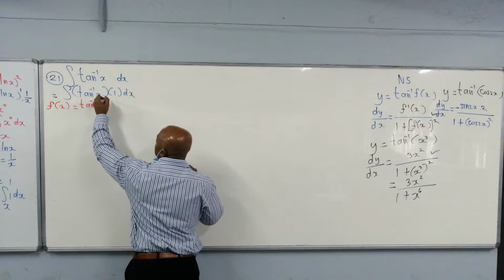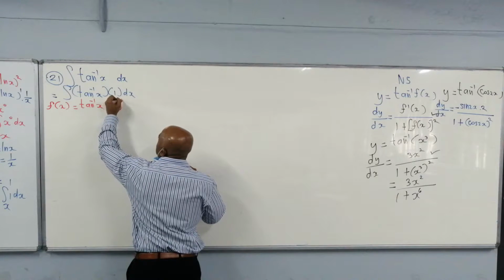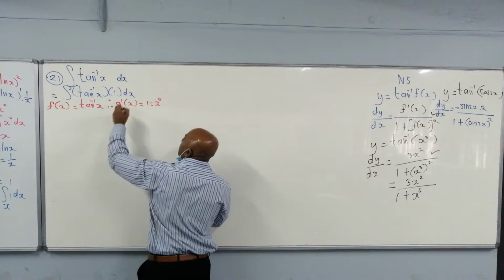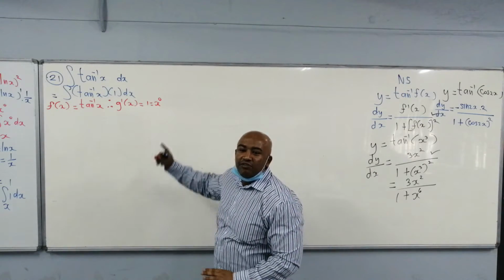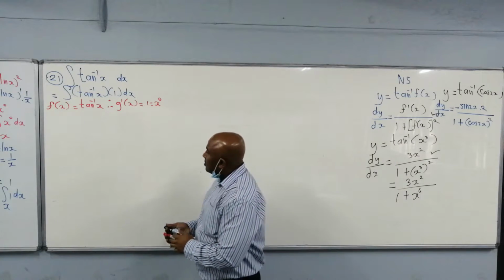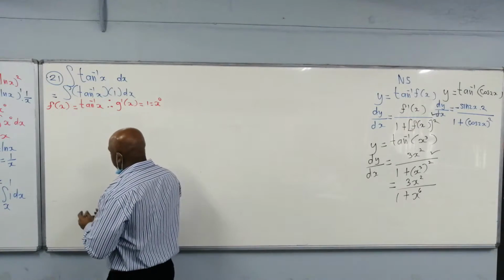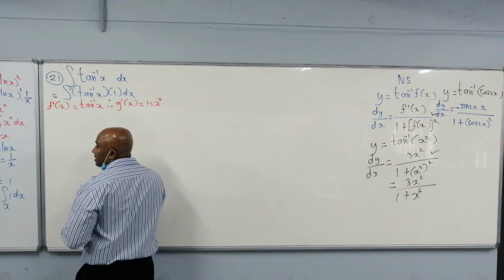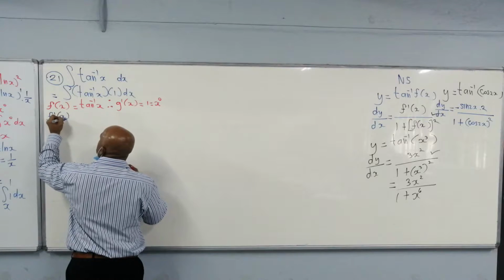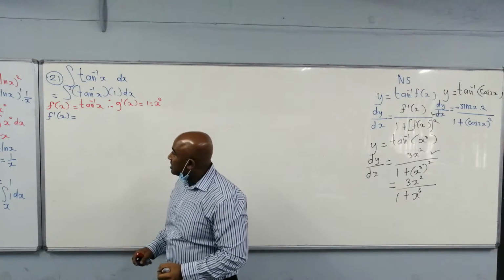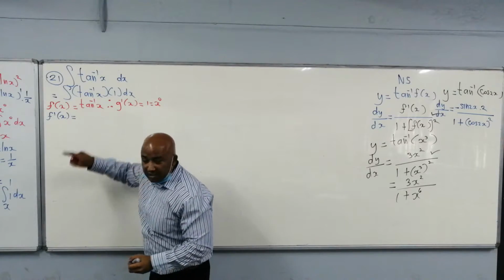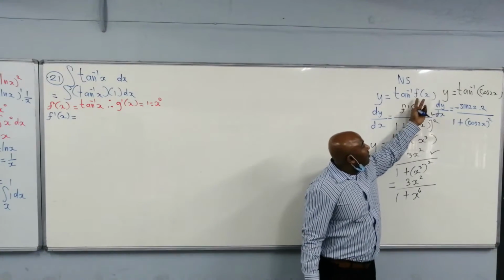Therefore, g prime x is equal to 1, and you know 1 is x to the power 0. Same thing. You don't have to write down x to the power 0. You can leave it as 1. Once you've got f of x, you need to find f prime x, the derivative of inverse tan. Remember how you use the formula? You look at the f of x part here.